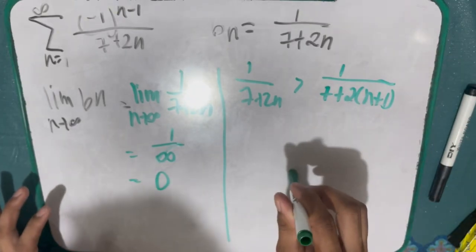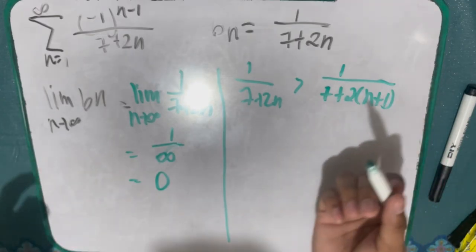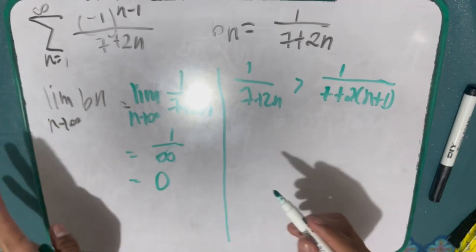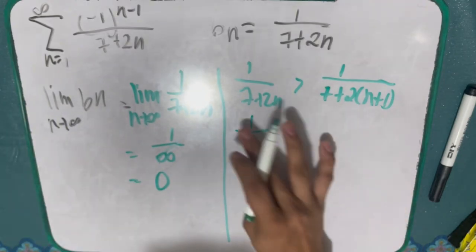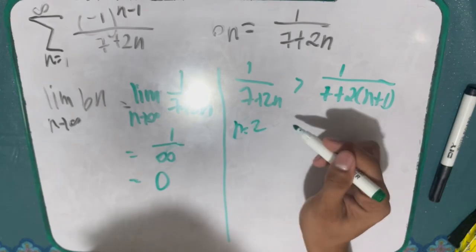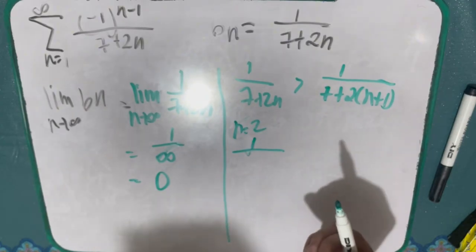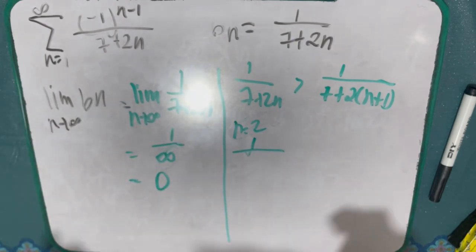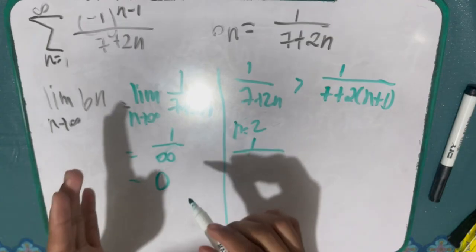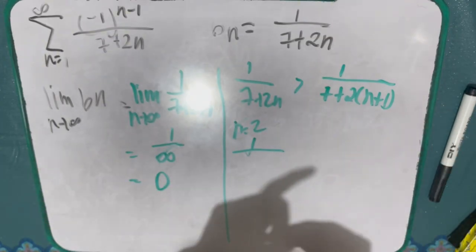Obviously, when we substitute a number, for example n equal to 2, the original series term is greater than the next term.